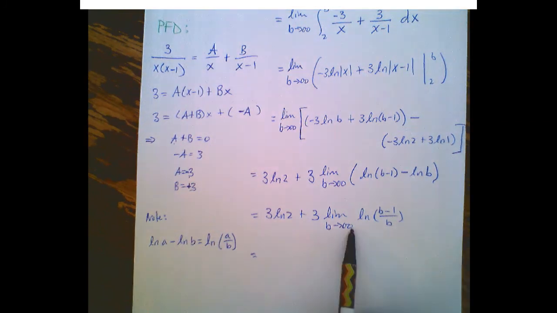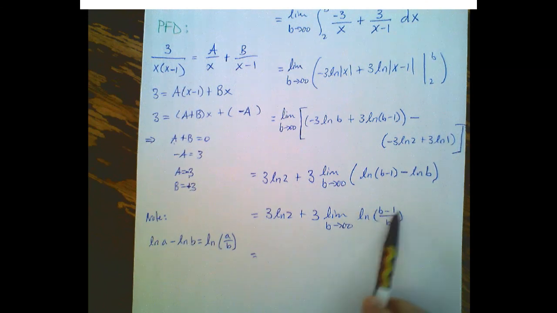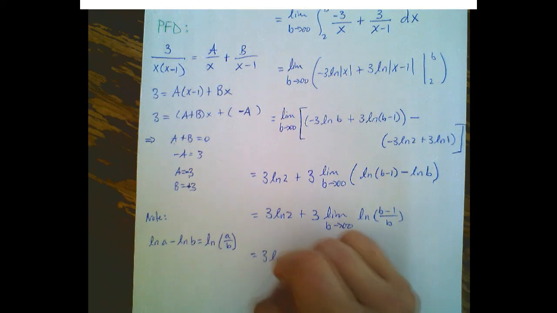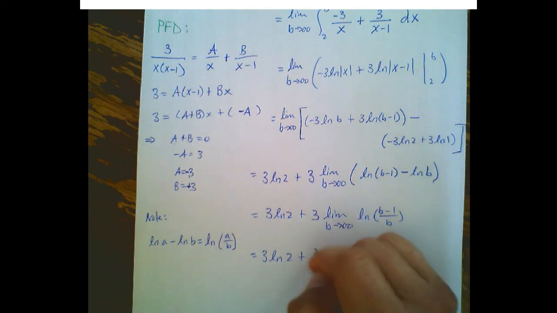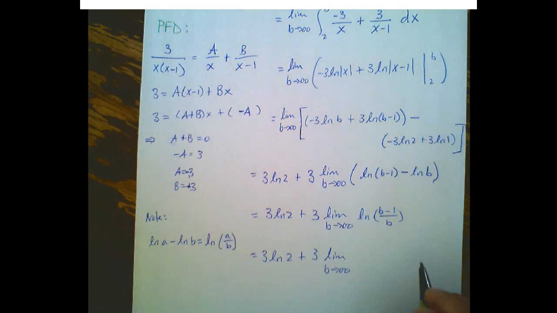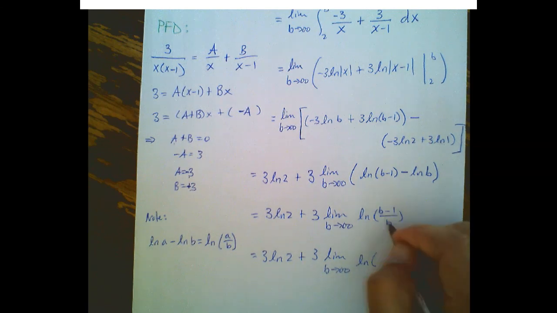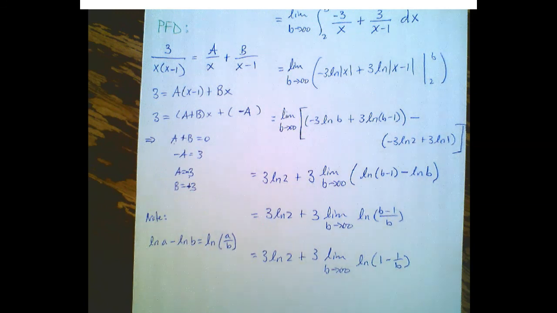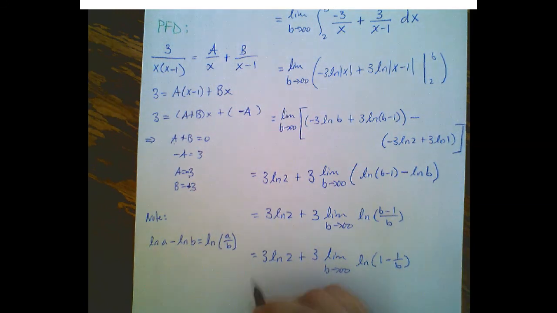So let's see what this limit is, right? So as b goes to infinity, the top goes to infinity and the bottom goes to infinity. In fact, we can write this as the natural log of 1 minus 1 over b, right? So now let's reconsider.